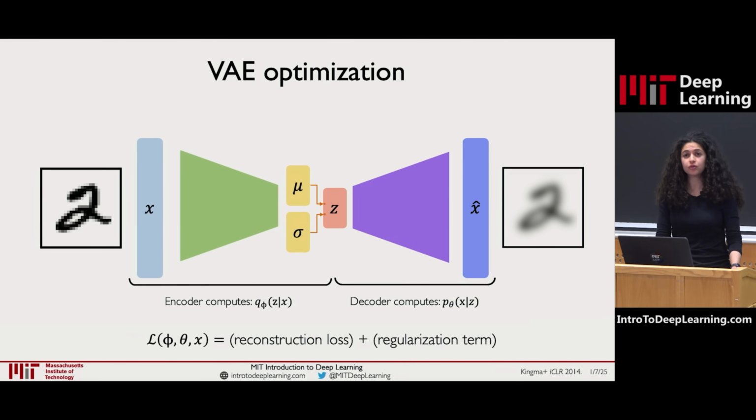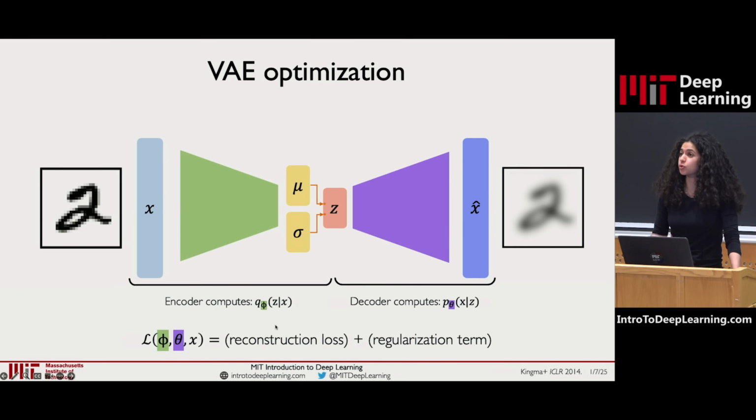So if we now take a closer look at what this loss looks like, we have two terms. One is the reconstruction loss, which is very similar to what we saw in the standard autoencoder. And secondly, a new term called the regularization term, which we'll get into in closer detail in a little bit.